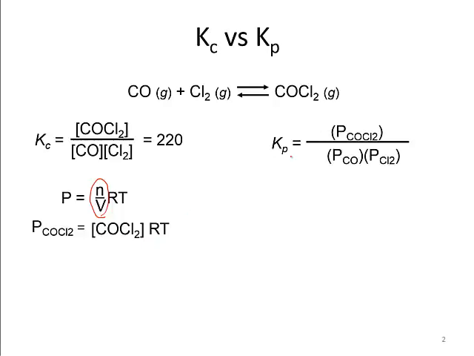We can now go to the expression for Kp, and everywhere the partial pressure appears, write the expression for partial pressure but in terms of concentration. And so we have Kp is the partial pressure of COCl2, but this is concentration of COCl2 times RT, divided by partial pressure of CO and partial pressure of Cl2.